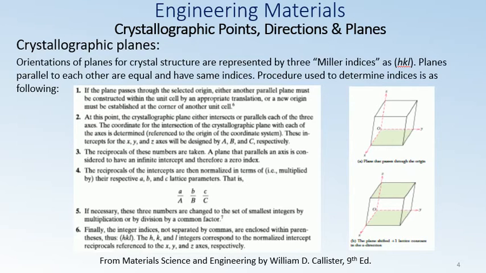Now your plane is passing through the origin. In the upper figure in the right corner, you will see your plane just passes through origin 0, and we have this condition that if the plane is passing through the origin, you need to take this plane to another location that is parallel to the original location, but then it is not passing through the origin, whatever origin you have chosen.